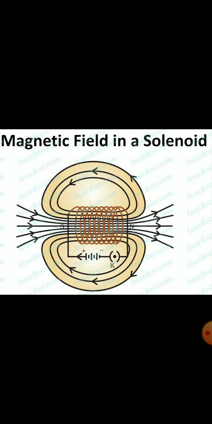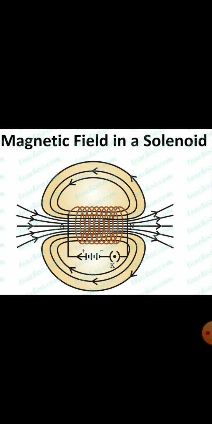Please students remember this. How is the magnetic field line of a solenoid? It is similar to that of the magnetic field lines of a bar magnet. But here we need to remember that inside the solenoid, the field lines are in the form of parallel straight lines. And this means that the magnetic field is same at every point inside the solenoid.